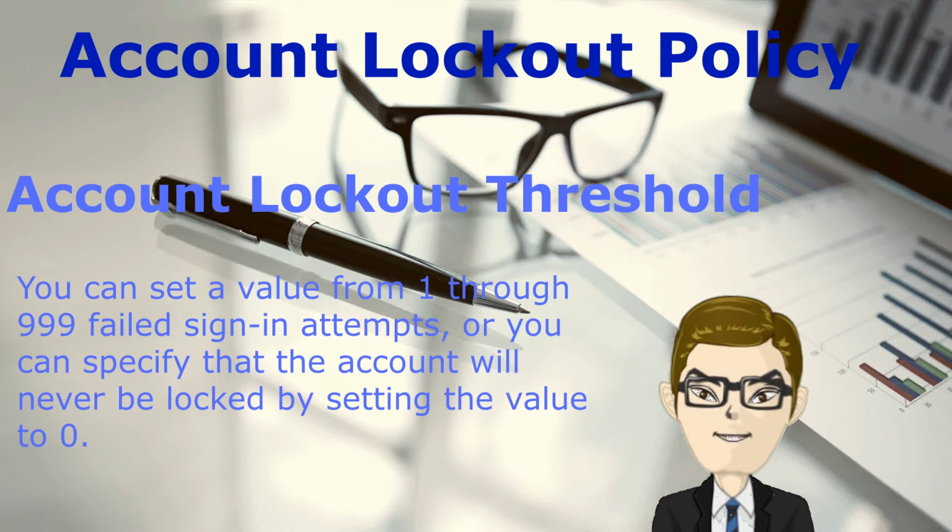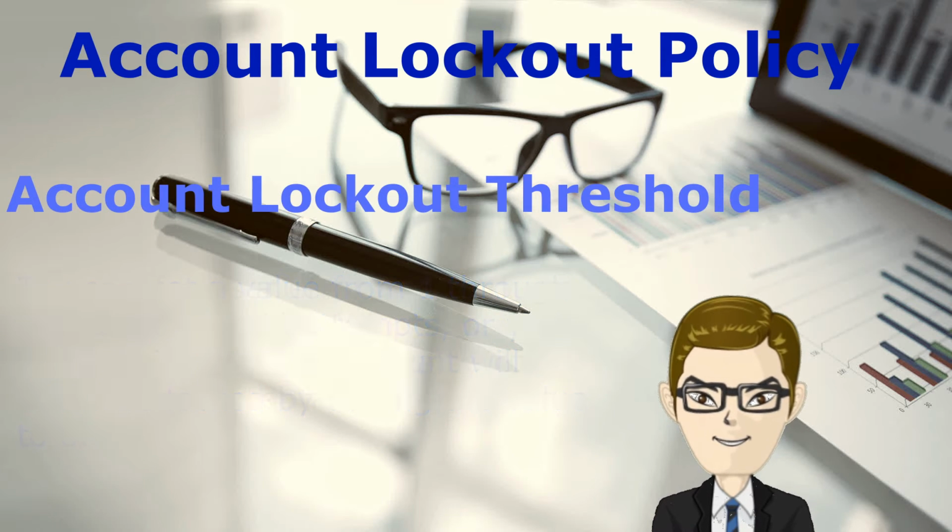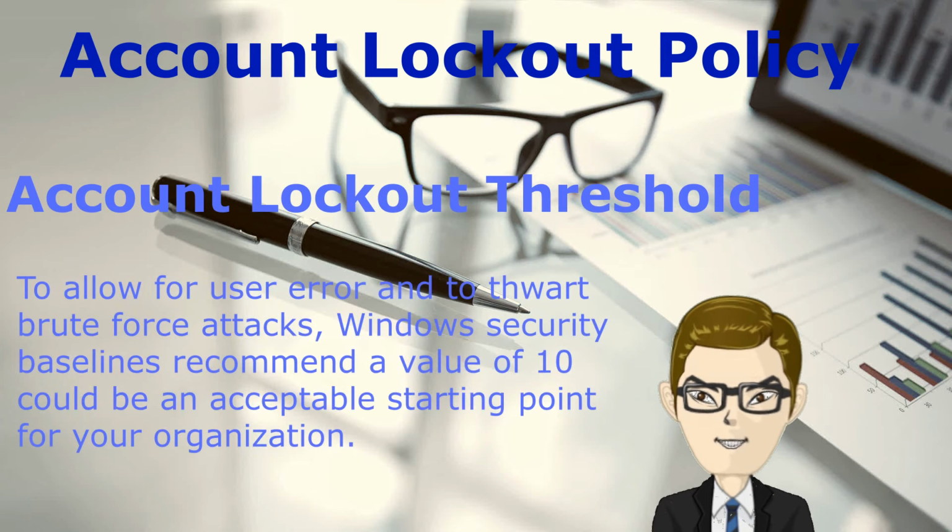You can set a value from 1 through 999 failed sign-in attempts, or you can specify that the account will never be locked by setting the value to 0. The threshold that you select is a balance between operational efficiency and security, and it depends on your organization's risk level. To allow for user error and to thwart brute force attacks, Windows security baselines recommend a value of 10 could be an acceptable starting point for your organization.